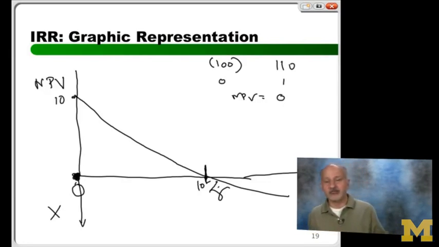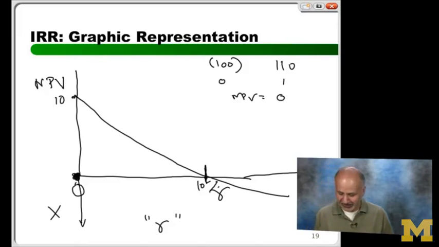What's true now? What has this told me? One simple fact, that my project is going to make a 10% rate of return. However, that doesn't mean anything by itself. Now I know that I have to compare it to whom? The cost of capital, R. What are other people making? So look what happens.